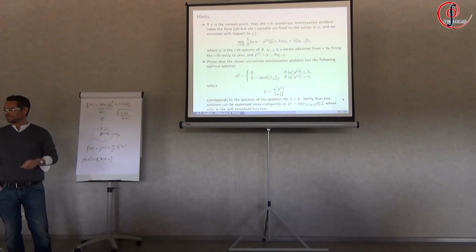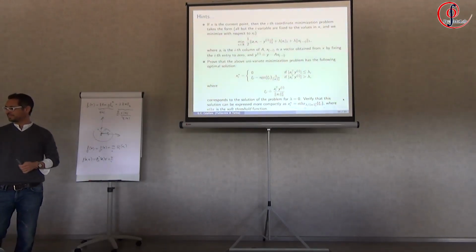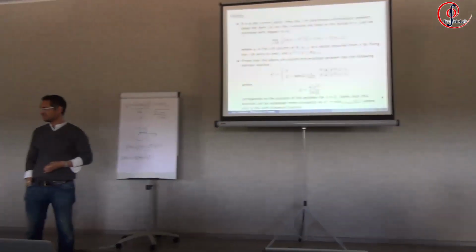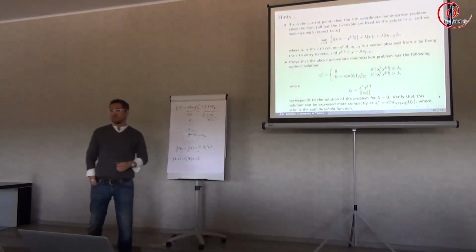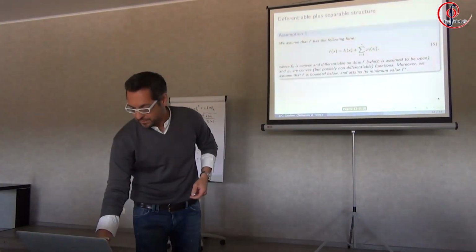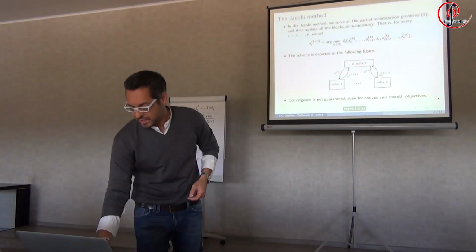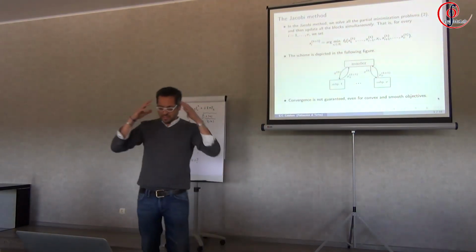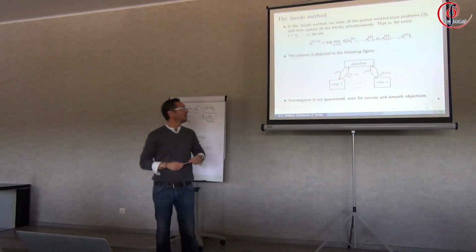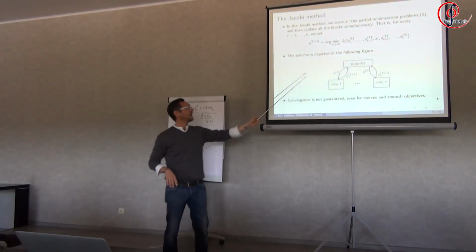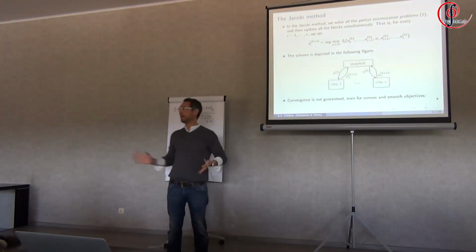I have a question. Yeah, the way you presented the Gauss-Seidel and also the Jacobi are centralized algorithms. Are there distributed versions? No. This is just the ideal scheme in which you solve the problem. The Jacobi method actually is not centralized, it is completely parallel.